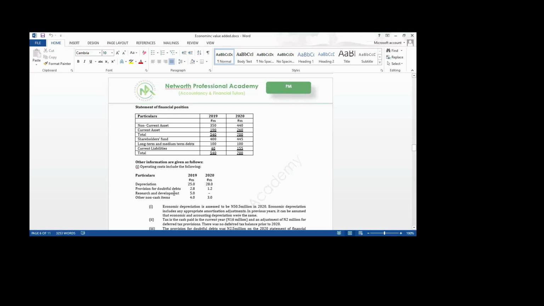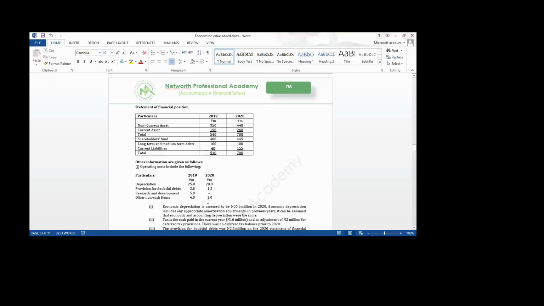Provision for doubtful debts. Okay. Look at research and development. Research and development cost was incurred in 2019, deducted in 2019 profit, but was not incurred in 2020, not deducted in 2020.